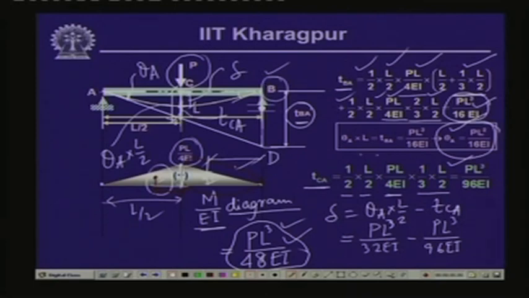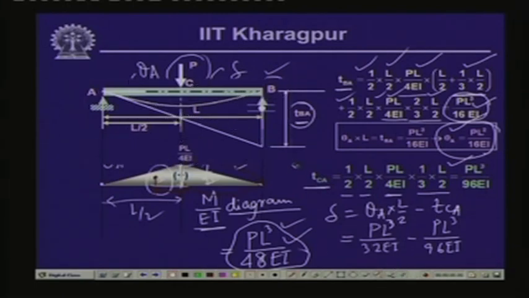As you have seen, theta A equals PL square by 16 EI. If we draw the tangent at the center point of the elastic curve, the tangent at this point is horizontal, and as we had said, this gives us the maximum deflection, where the tangent to the elastic curve is horizontal.